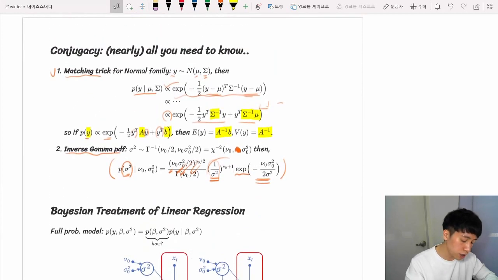So that's it for the two tricks for deriving the conjugate posterior.